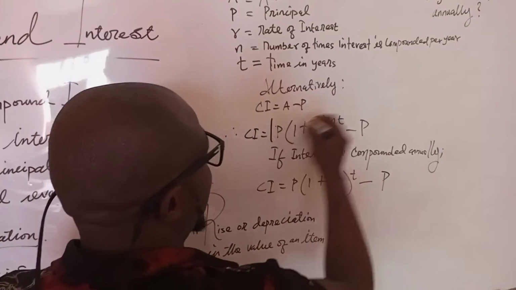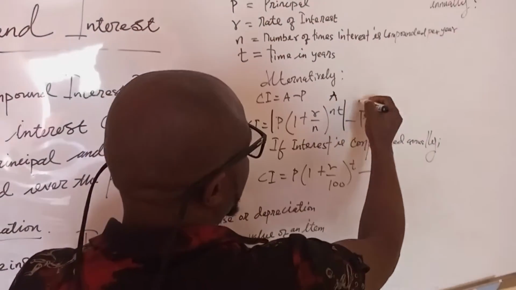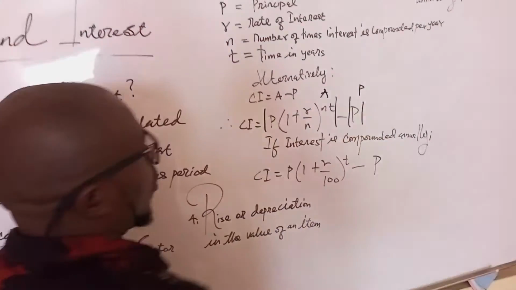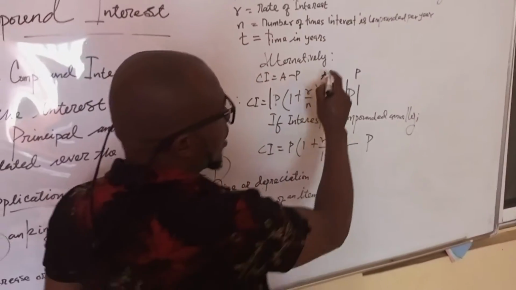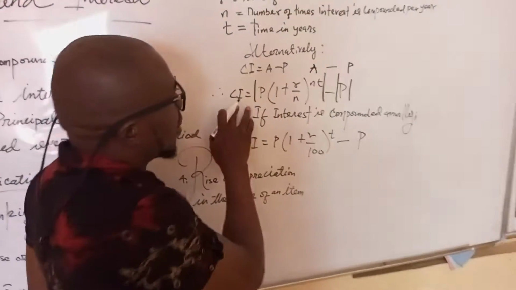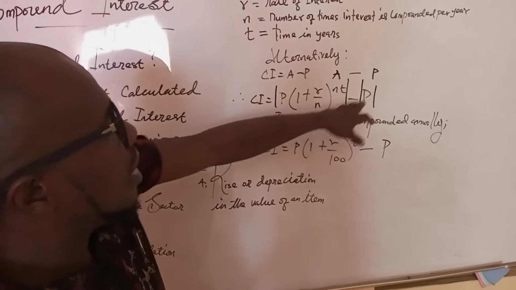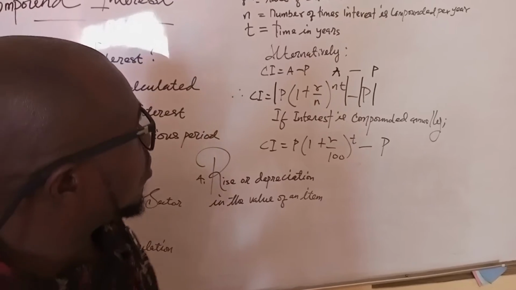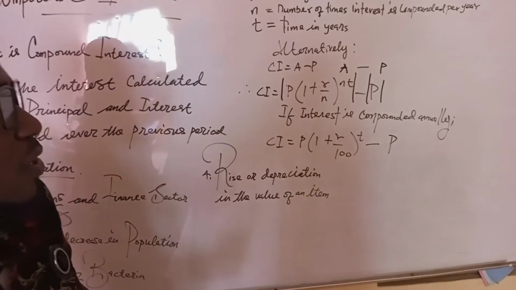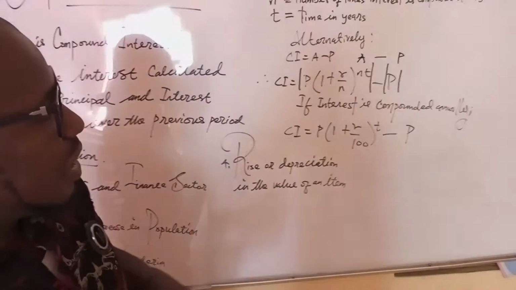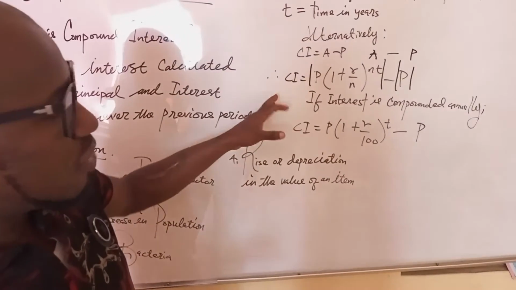So this section, you can call the amount, and this section, you call the principal. We substituted this formula here, and we subtracted the principal from it to get the compound interest.